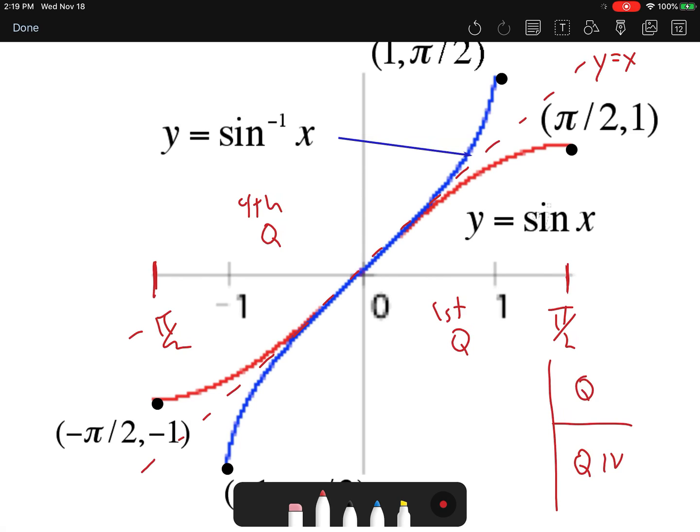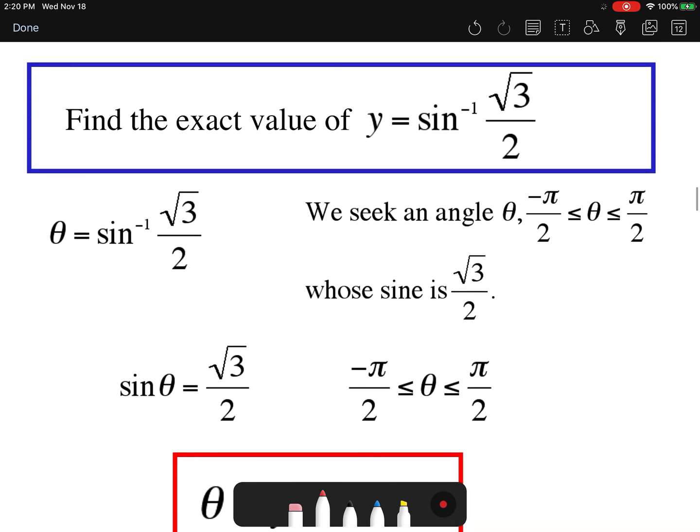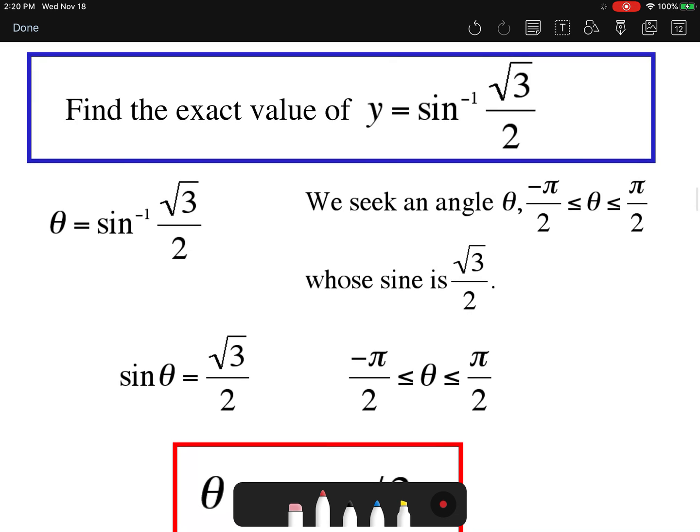Or in other words, quadrant 4 and quadrant 1 on a unit circle. So if this is my unit circle, I'm only looking at these angles in quadrant 1 and quadrant 4. And that means it's negative pi over 2 to positive pi over 2. So remember, if you go clockwise, it's a negative angle. And I'll give you some examples of that here in a second.